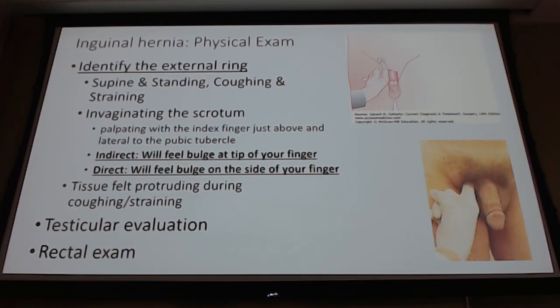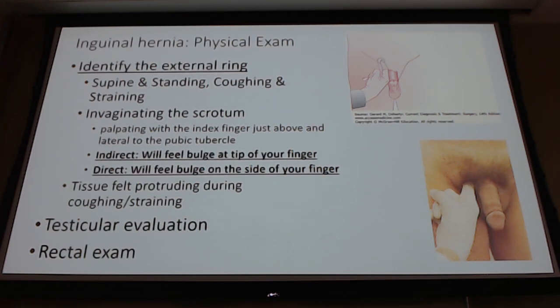When you're doing it, you're going on the opposite side. So if you're trying to do their right side, you're using your right hand and going up their right side. When you're doing the other side, you're doing it the other way, because you want to go up the canal. If you try to go up the canal with the same arm on the same side, it's going to be funky.